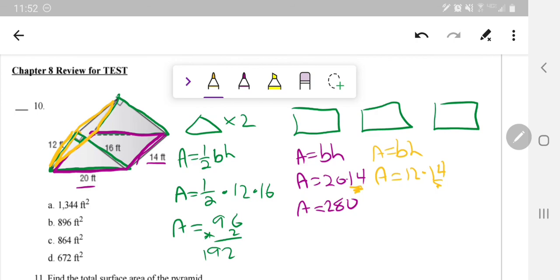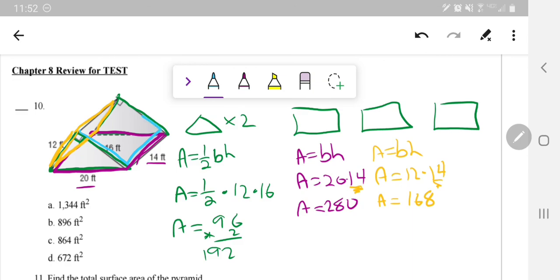Each of these lateral faces, each of these rectangles is going to have that same dimension of 14 because that's the height of the prism. All right. So what do we get when we multiply that? We get 224. Nope. Sorry. Looked at the wrong spot. We get 168.